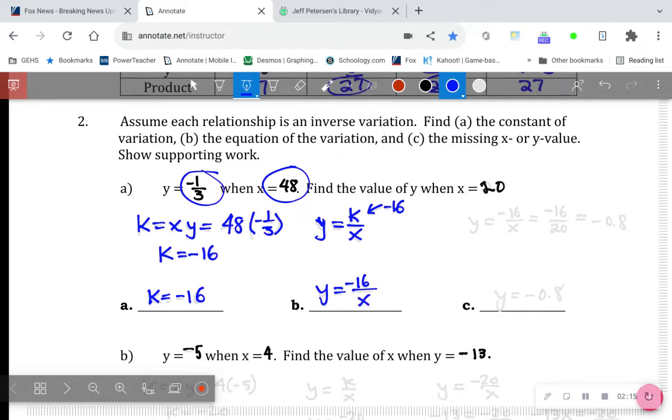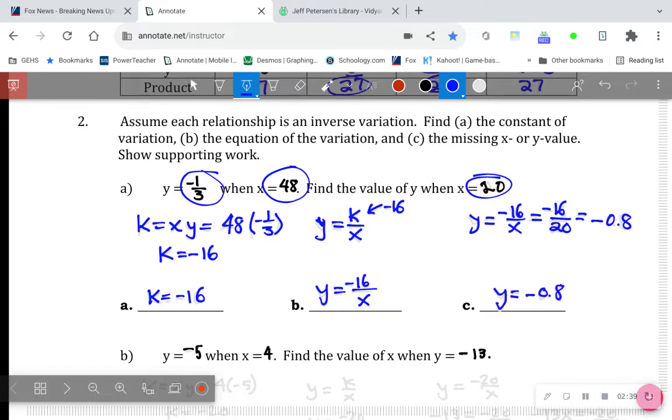All right, so we bring that over on this side here, and we're going to plug in the x value they gave us down here of 20. And so we're going to put a 20 where it says x. Dividing gives you negative 0.8. And so now you know the value of y when x is 20.